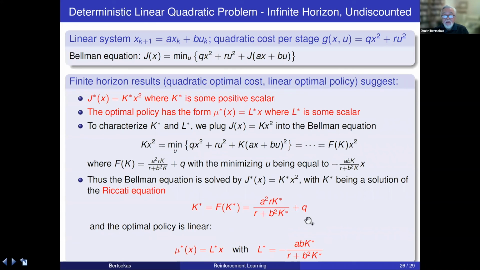And in the process also, after finding K star, you obtain the optimal policy as a stationary policy, which is a linear function of the state. A very basic result, a very important result, and it is the limiting version of the finite horizon result.